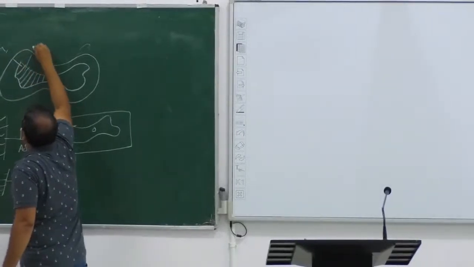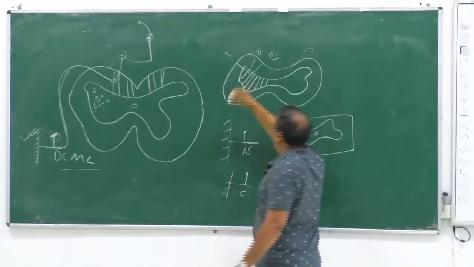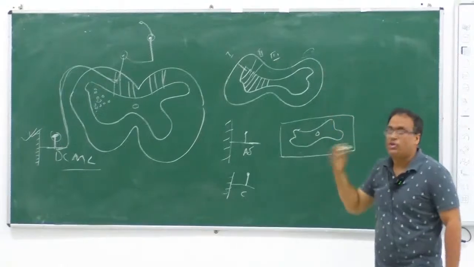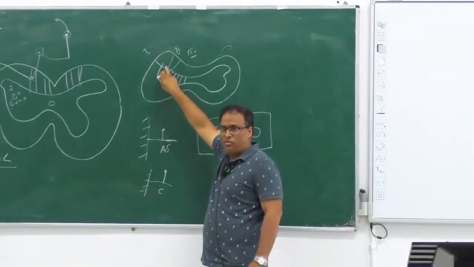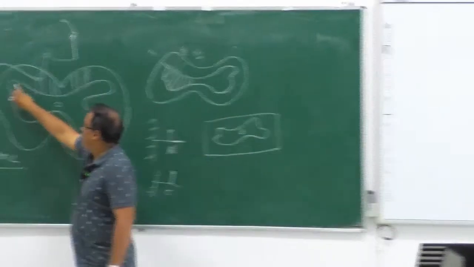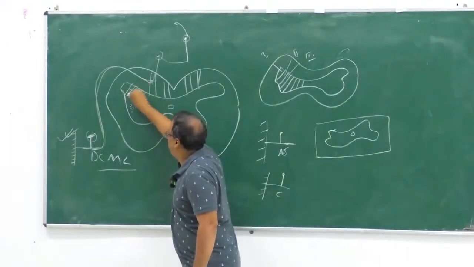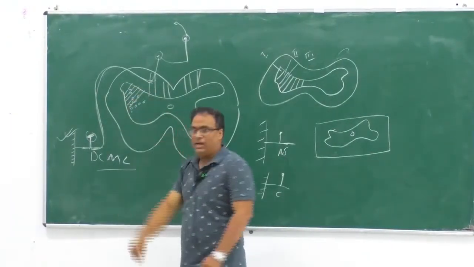Suppose this is 1, that is 2, that is 3. In this way it goes up to 10 in the dorsal horn. This is the dorsal horn, and it is divided into laminae.